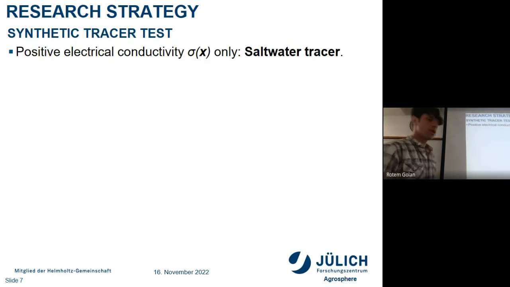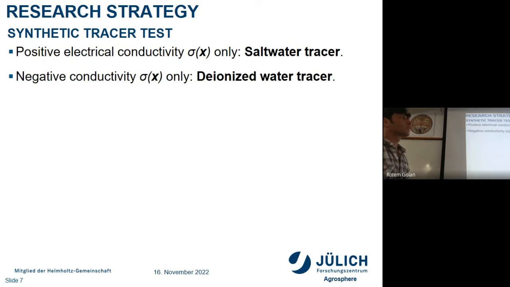So the strategy for our study is first to apply a synthetic tracer test, which is monitored by synthetic GPR full waveform inversion. We test 3 types of tracer. One is positive electrical conductivity, which mimics saltwater tracer. The second is negative conductivity, which mimics deionized water.